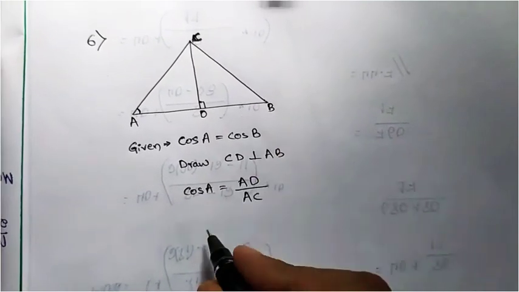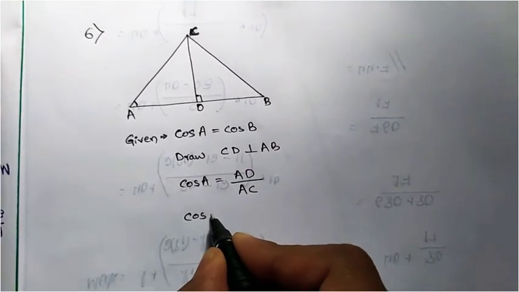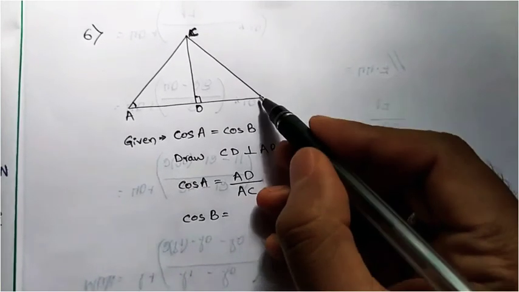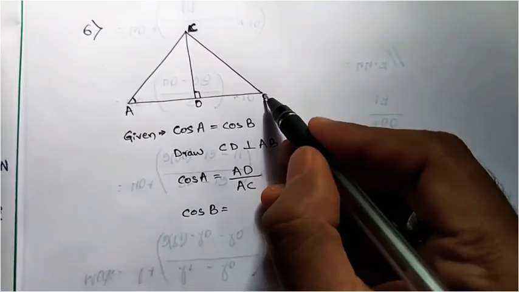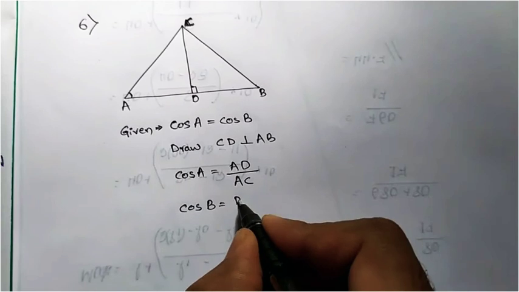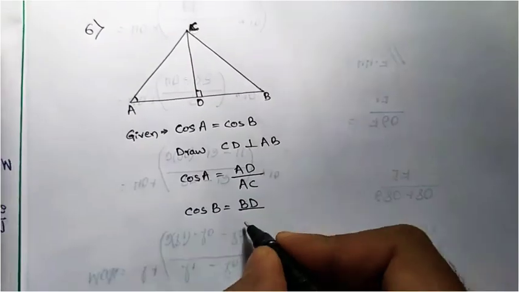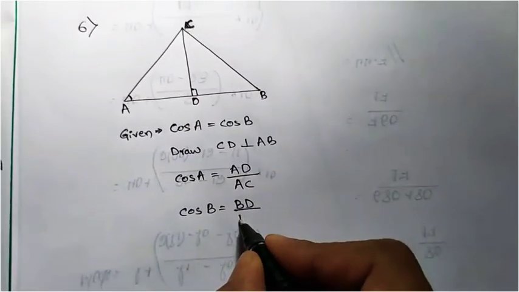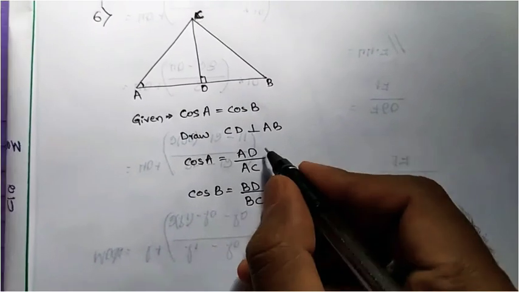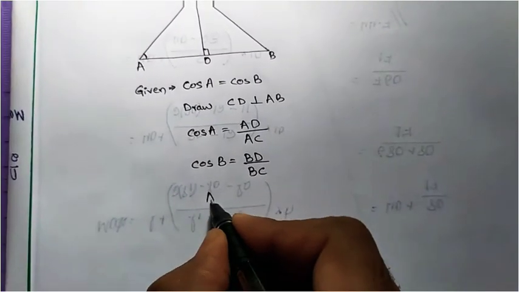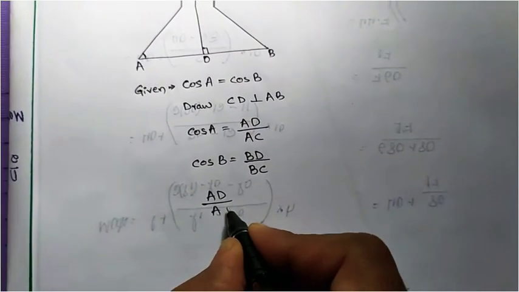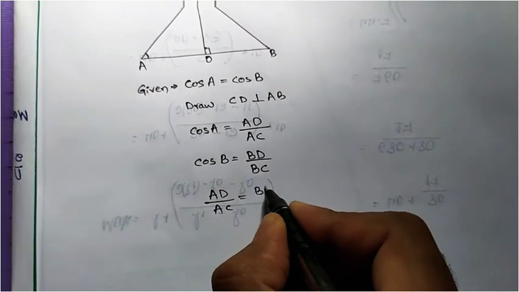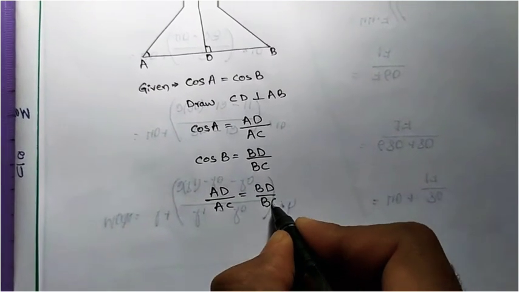Similarly cos B is BD, that is adjacent, by BC. Equating these two, AD by AC equal to BD by BC.